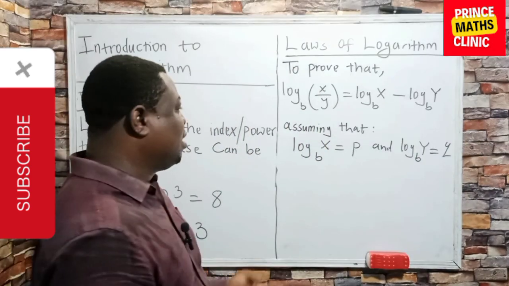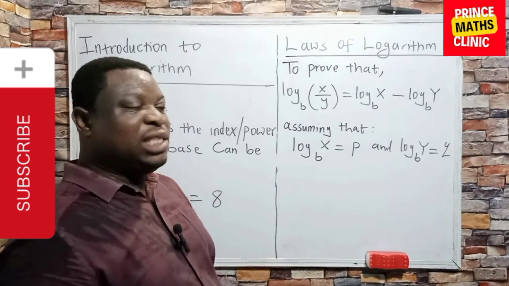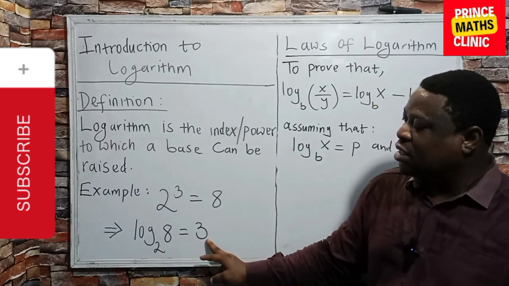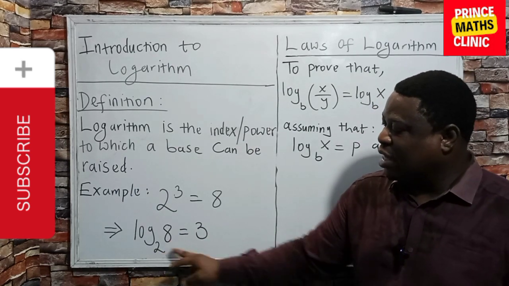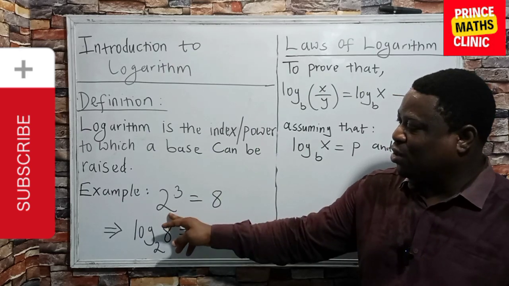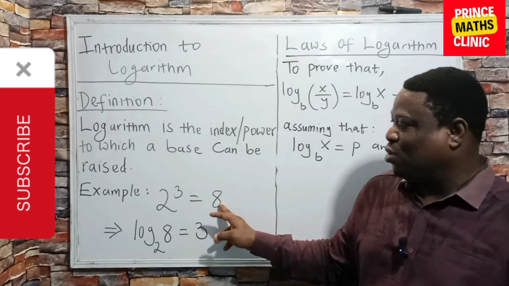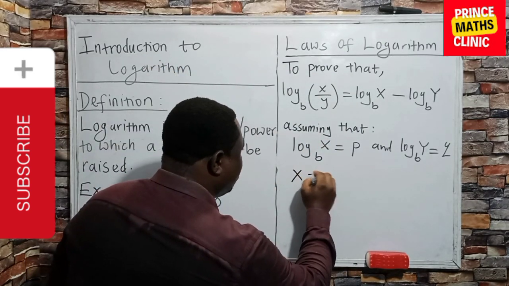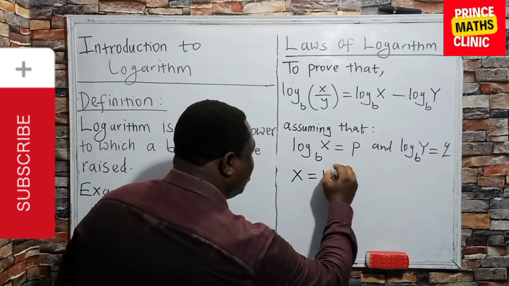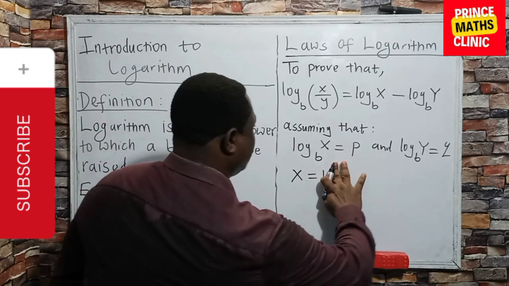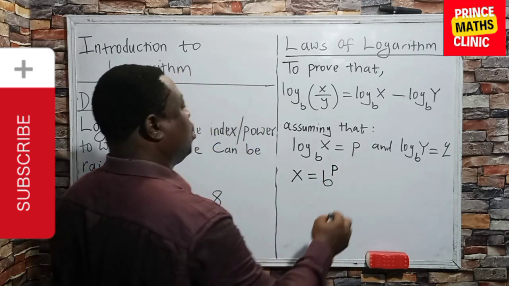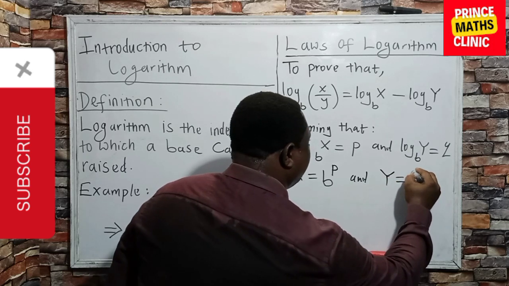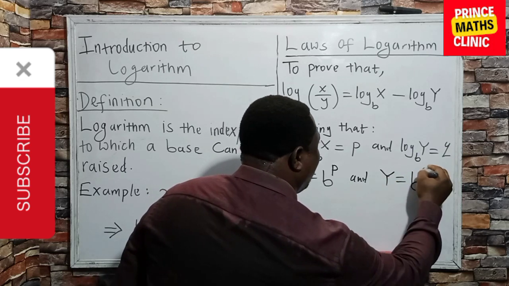So converting again from logarithm to index form, remember the base will carry this, becomes this. So therefore we have it as 2 to the power of 3 equal to 8. Similarly, x here will become b to the power of p, and y will become b to the power of q.